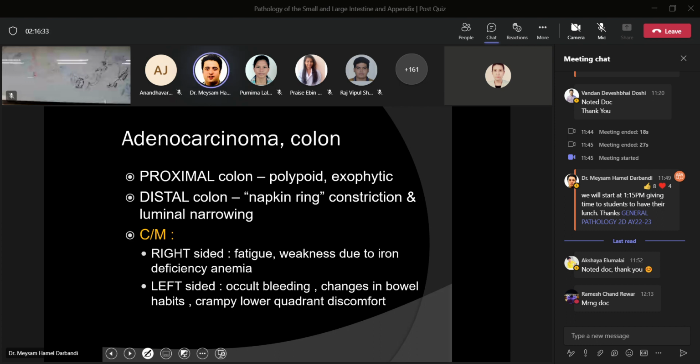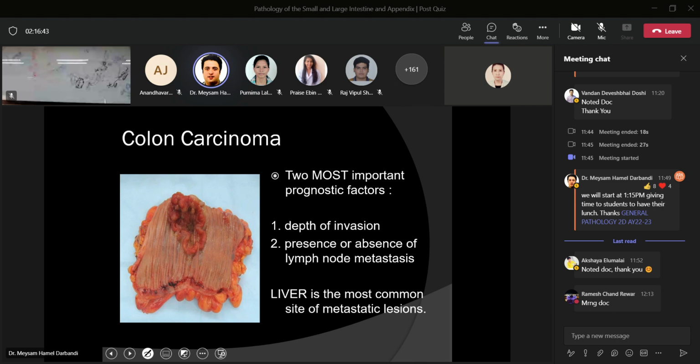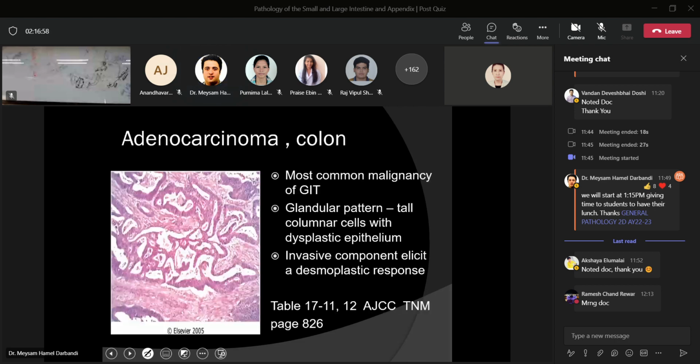If it's left-sided, it will be occult bleeding, changes in the bowel habits, crampy lower quadrant discomfort. Colon carcinoma, two most important prognostic factors: depth of invasion and presence or absence of lymph node metastasis. Liver is the most common site of metastatic lesion.